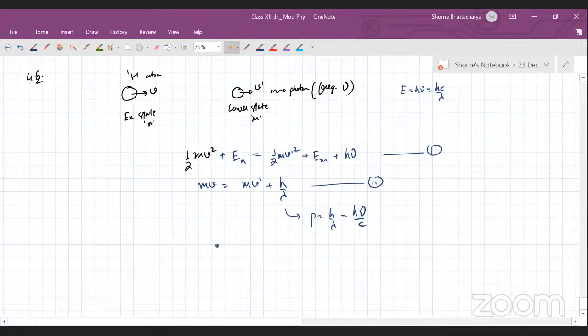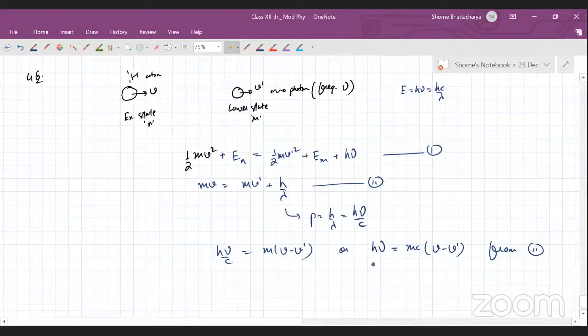So we have to find this or this from the second equation, and this is from equation 1.